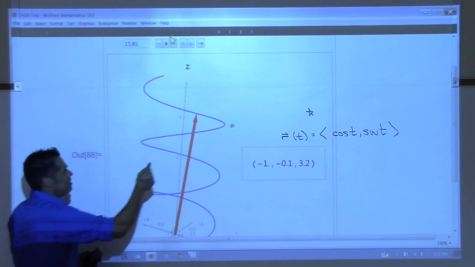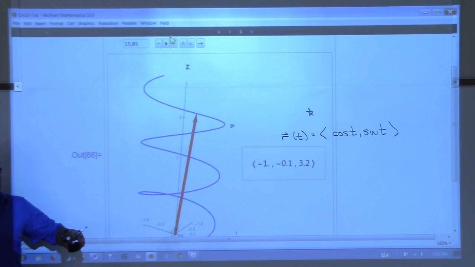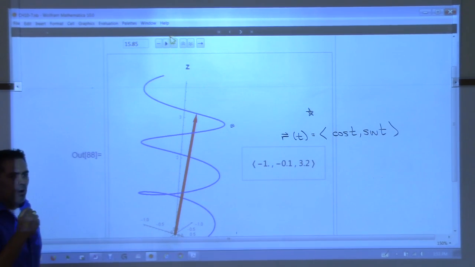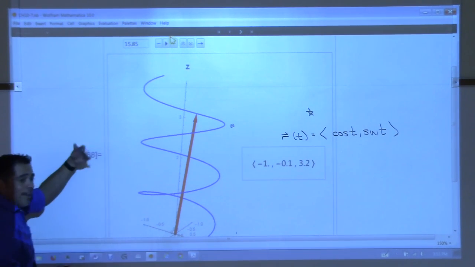And imagine at that instant in time, we shut off the rocket's engine, right? Then the question would be, what would the direction and speed of that object be at that point? So it's kind of like if you're swinging something on a rope, and then you cut the rope, where's it going to go? It's going to go in a path that's kind of like tangent to, yeah. That's what we're going to ask, okay?